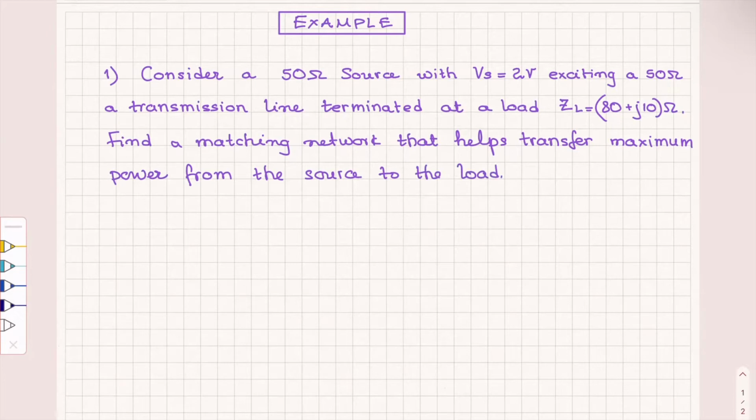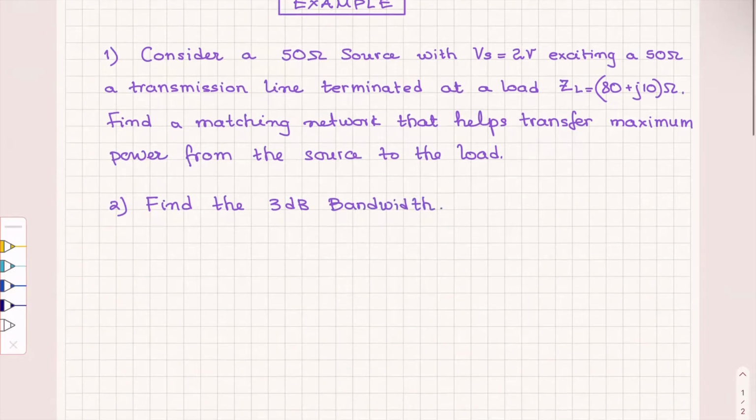Okay, first of all, and then second, find the 3 dB bandwidth. Now I'm talking to you as if I'm asking you to design something. This is how I would do it in practice, all right? And then I will try to explain what that means, as I did in the homework.